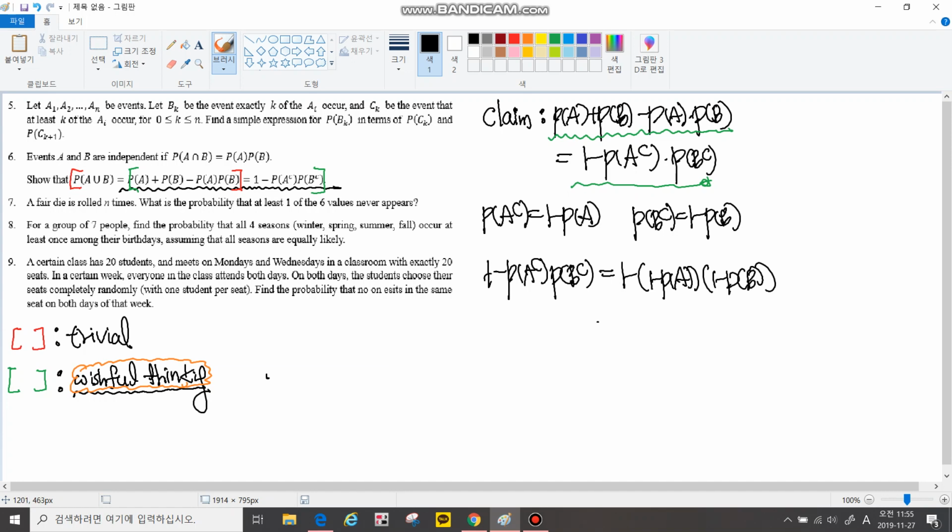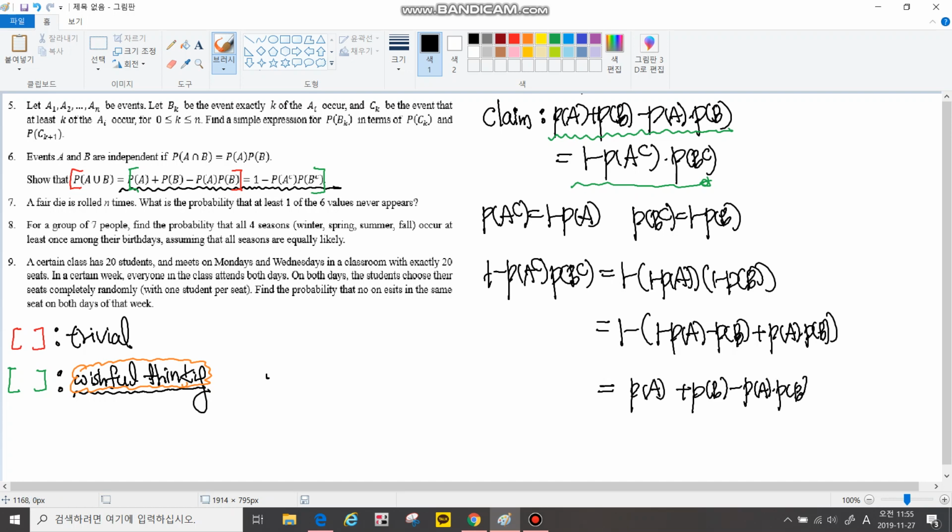And then simplifying this, you have 1 minus 1 plus P(A) plus P(B) minus P(A)P(B).